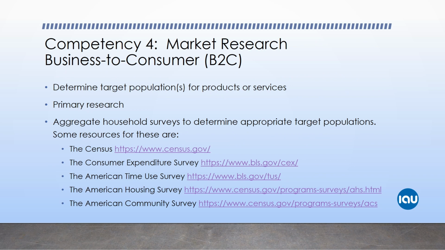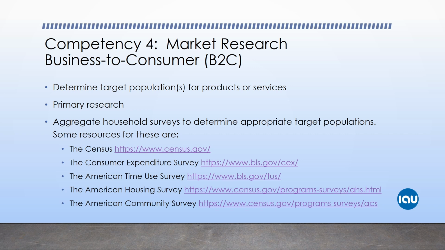Competency 4 is market research, and we're first going to focus on the business to consumer research, B2C. Determine the populations for products or services that the organization wants to target. Also do primary research. Primary research meaning look for information straight from the business. That's primary.